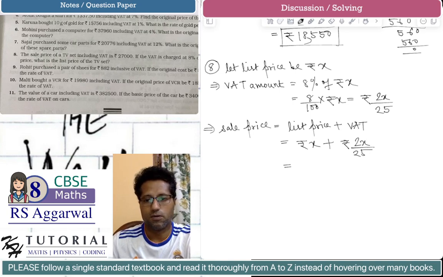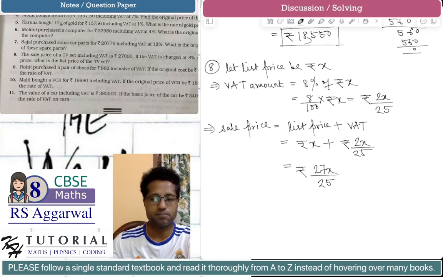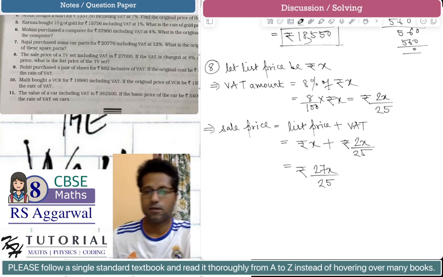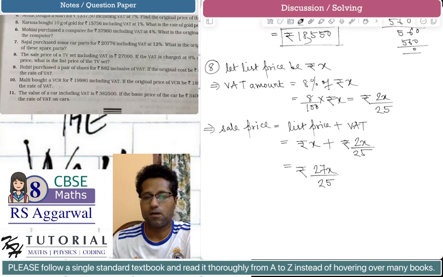So this is equal to rupees 27x by 25. So this is the total sale price based on the fact that the list price of the TV set we have assumed to be X.